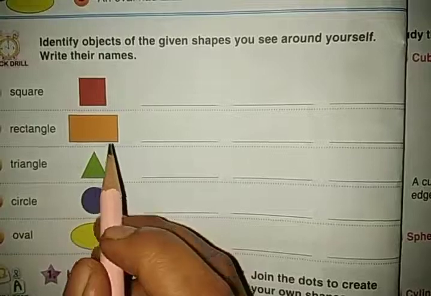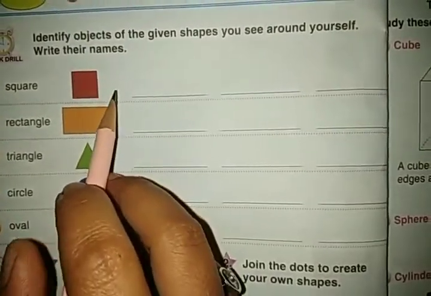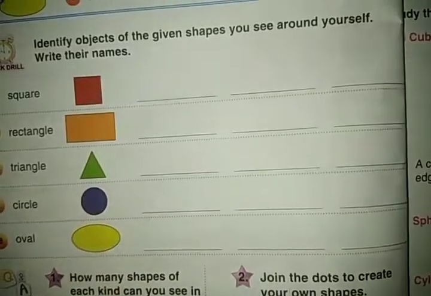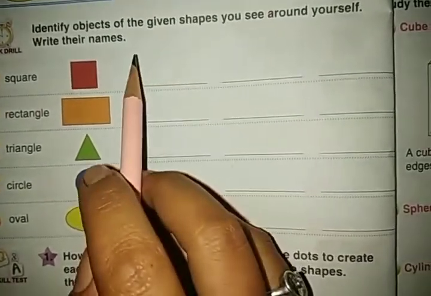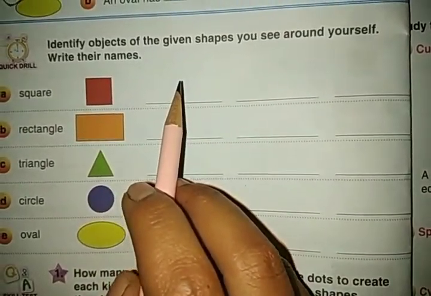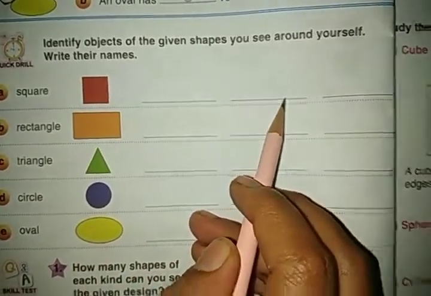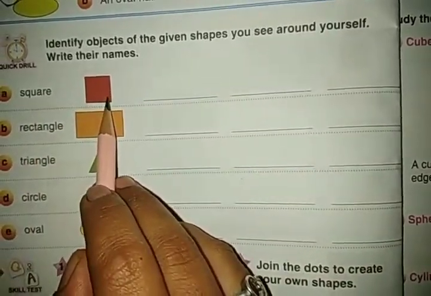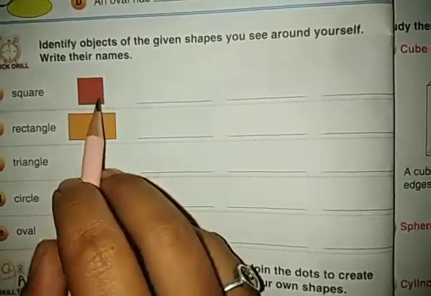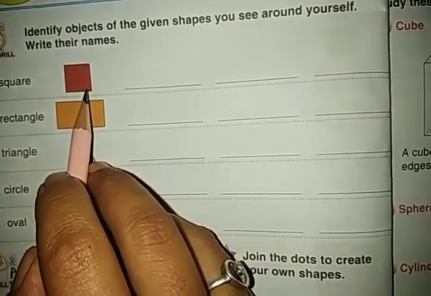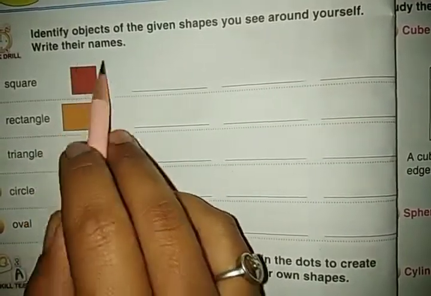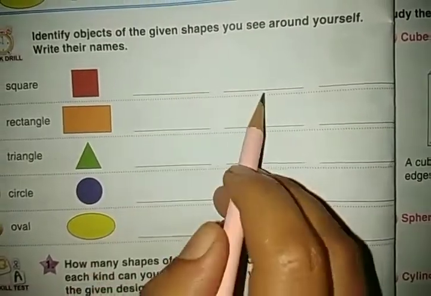Okay, children, you can see different objects in your home having different shapes. Yes, we need to identify those objects and write their names here. If you know any objects or if you find any objects in this square shape, that we have to write here.